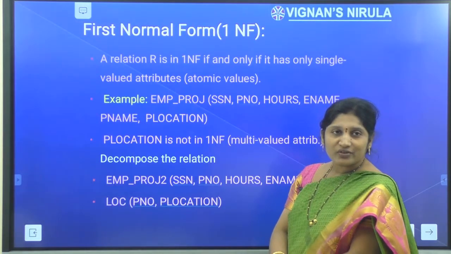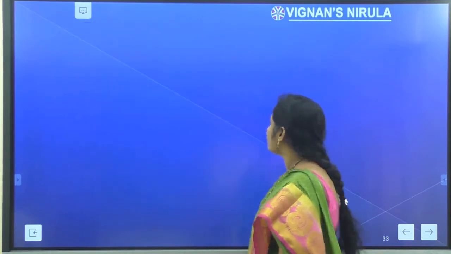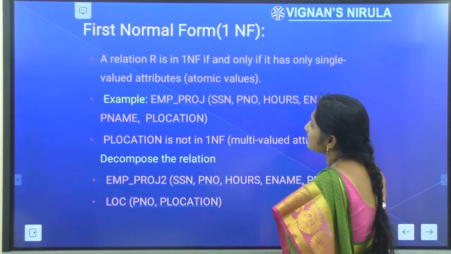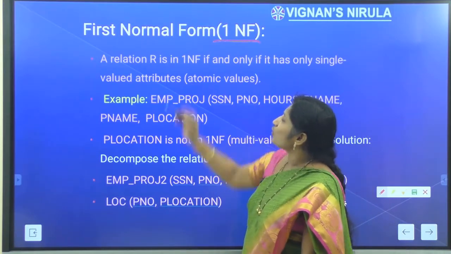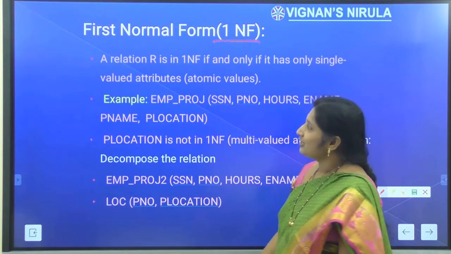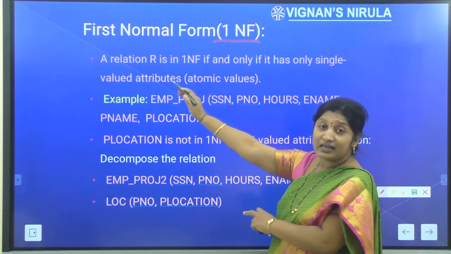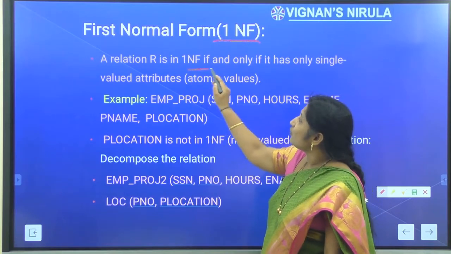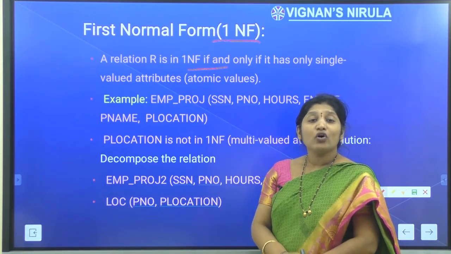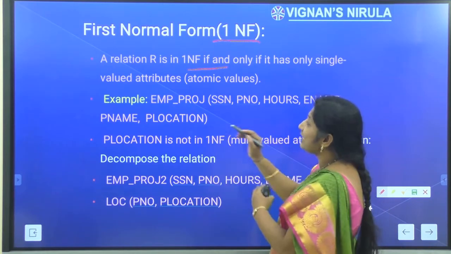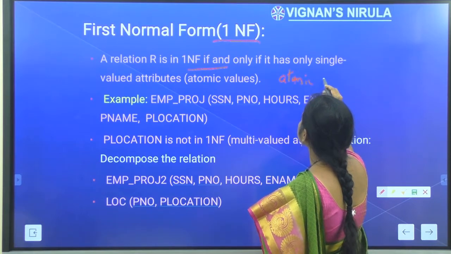So what is the first NF? The first one is first normal form, which is usually called 1NF. The rule for 1NF is: a relation R is said to be in 1NF if and only if all the attributes of that relation are atomic attributes.